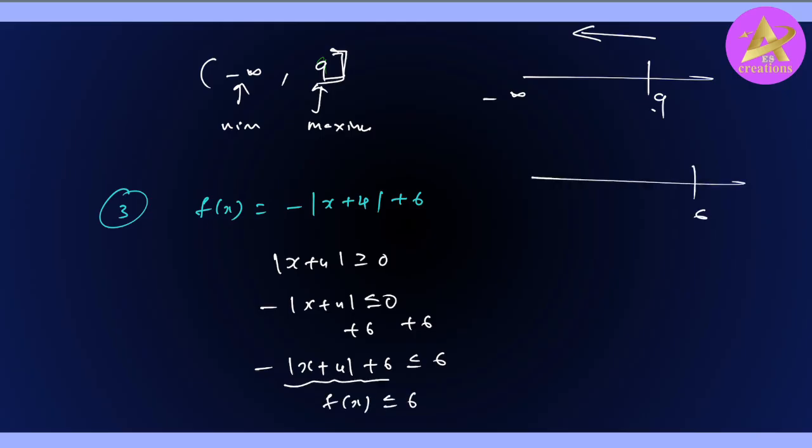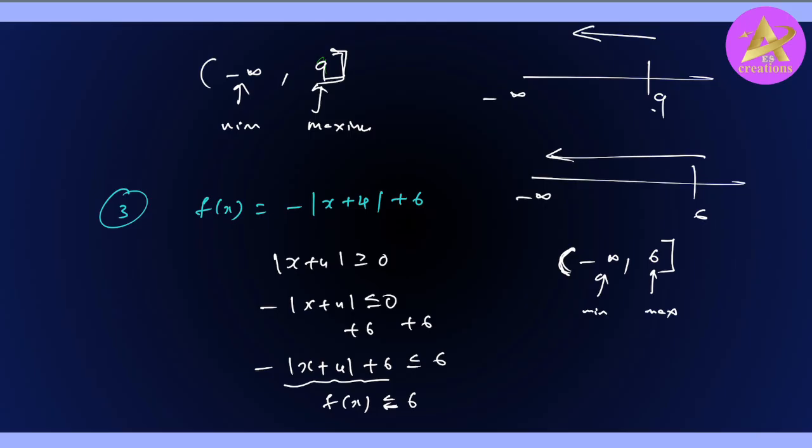That means here 6 is there, and less than means we take towards minus infinity. Minus infinity side we always take an open interval only. Minus infinity to 6, and because of the equality symbol take closed at 6. This is the maximum; it goes up to minus infinity, which is the minimum.